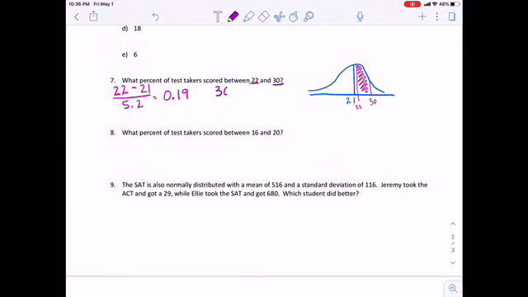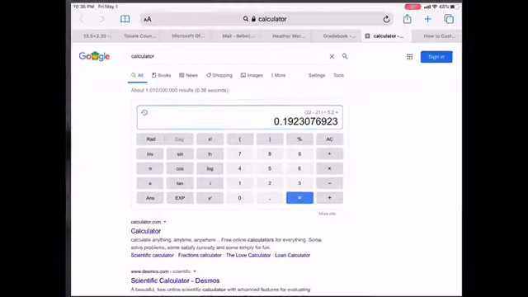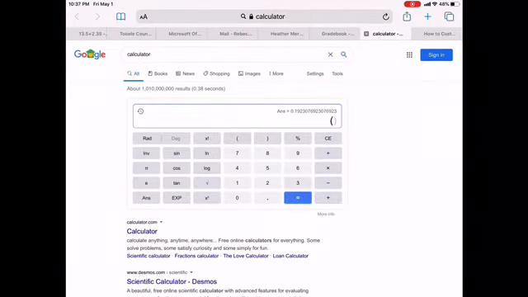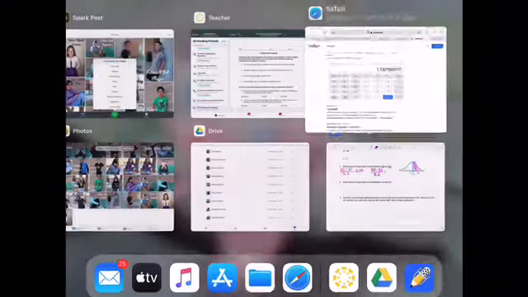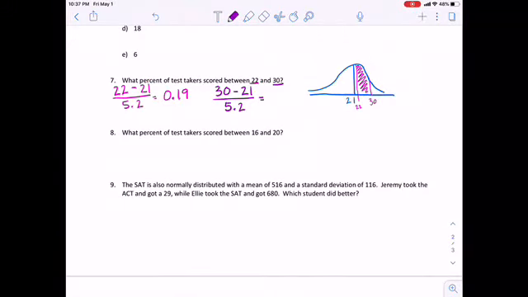I take my score of 30, subtract off the mean, which was 21, and divide that by the standard deviation, which is 5.2. So in my calculator, I type 30 minus 21 divided by 5.2, and it's 1.73. So if I have a score of 30 on the ACT, my z-score is 1.73.